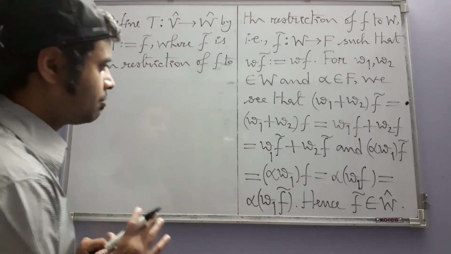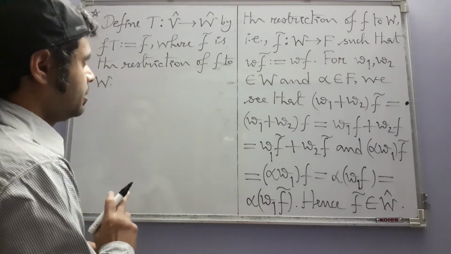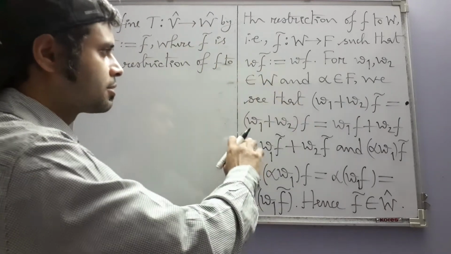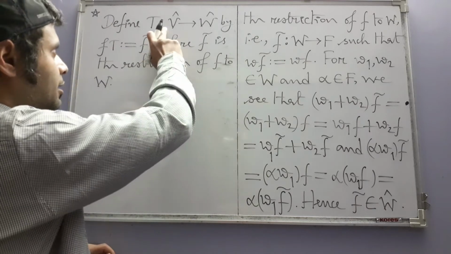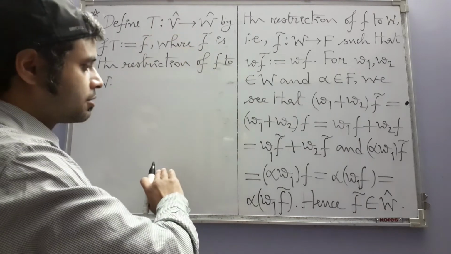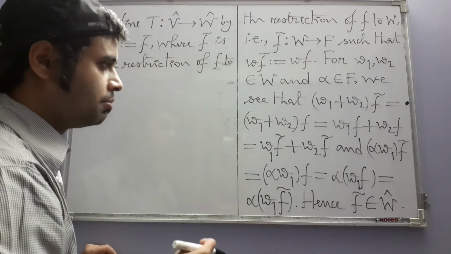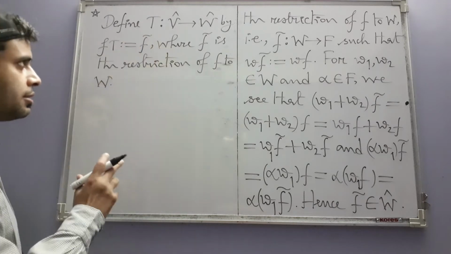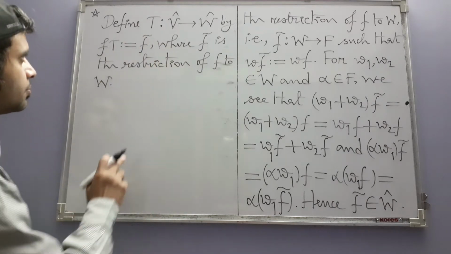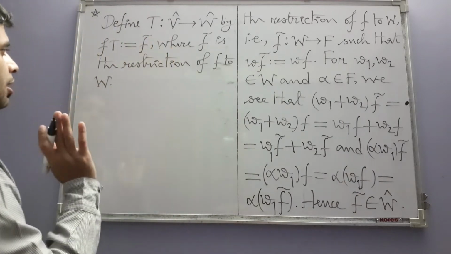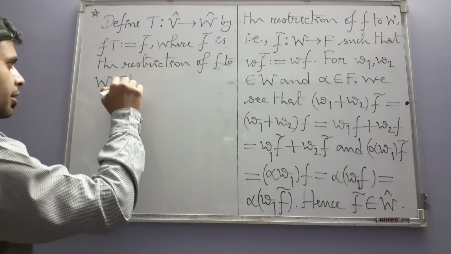Okay, so now our aim is to show that this T is of course well defined because our W is a fixed subset of V. So whatever functional F we choose from here, its restriction to W will be a unique function. So for a given F, F tilde is actually unique, and F tilde of course is there in this set. So T is well defined. Let's just simply mention that.